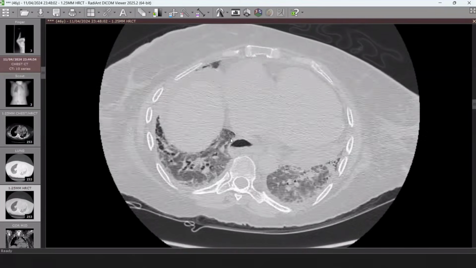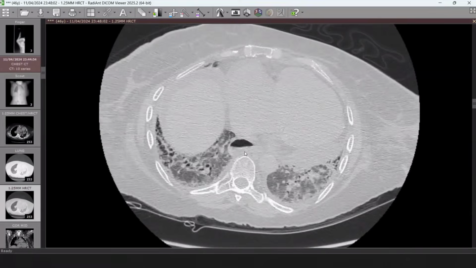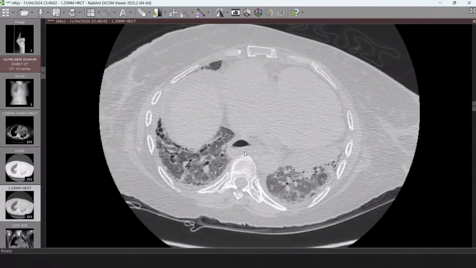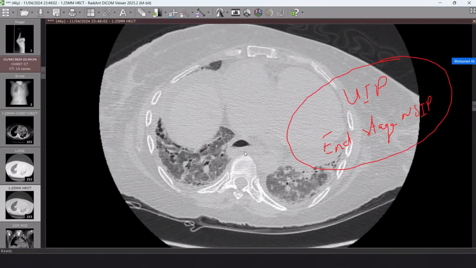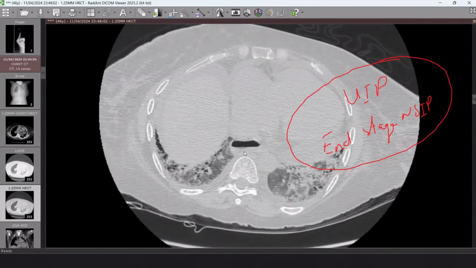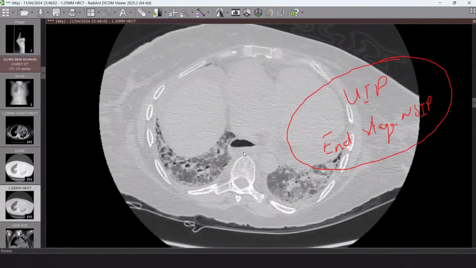This one can be more commonly associated with NSIP. So in conclusion, we have two differential diagnoses, either UIP or end stage NSIP. Both of these patterns are very similar to each other.